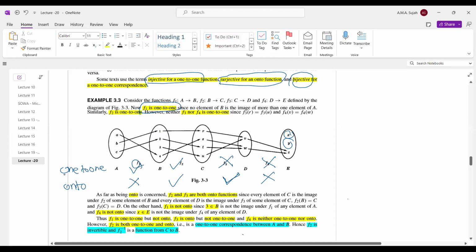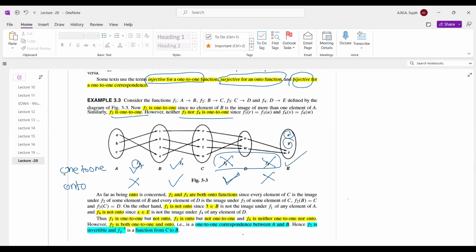Because of that, we can say F1 is a one-to-one function. F2 is one-to-one, right? Similarly, F3 and F4 are not one-to-one. So this is correct. F2 is one-to-one. Similarly, F1 is also one-to-one, right?